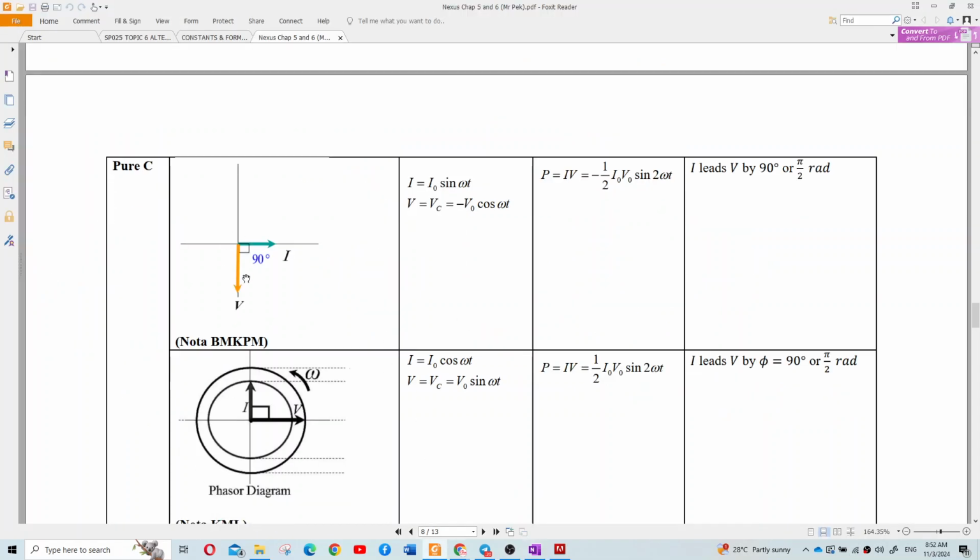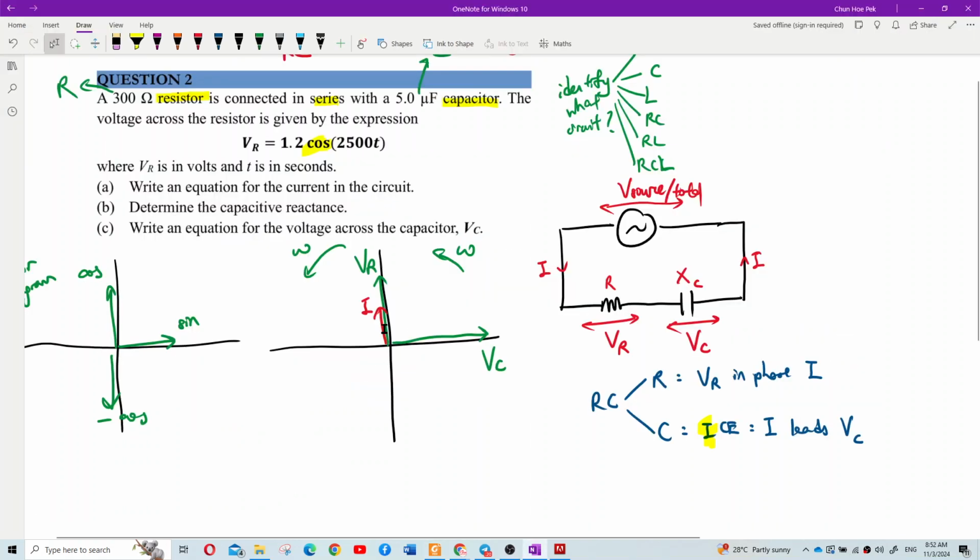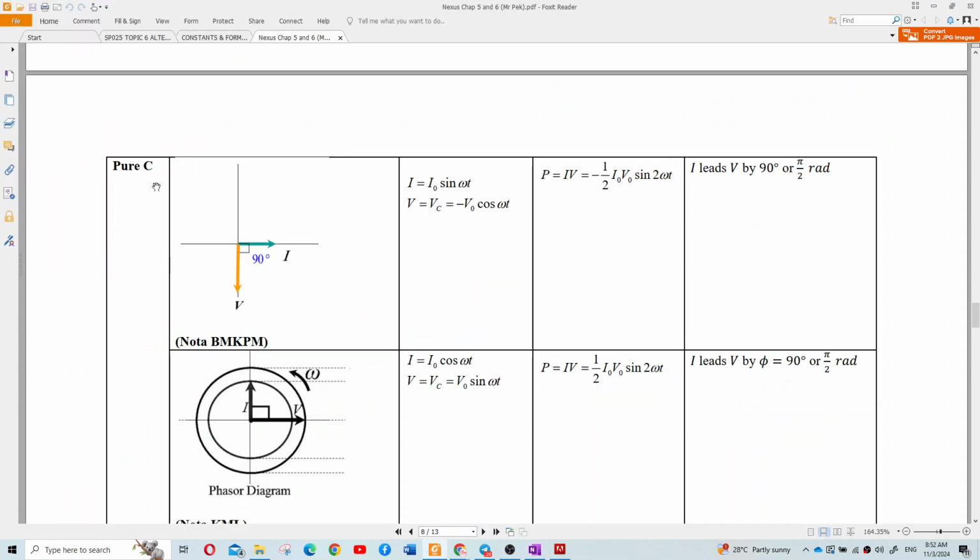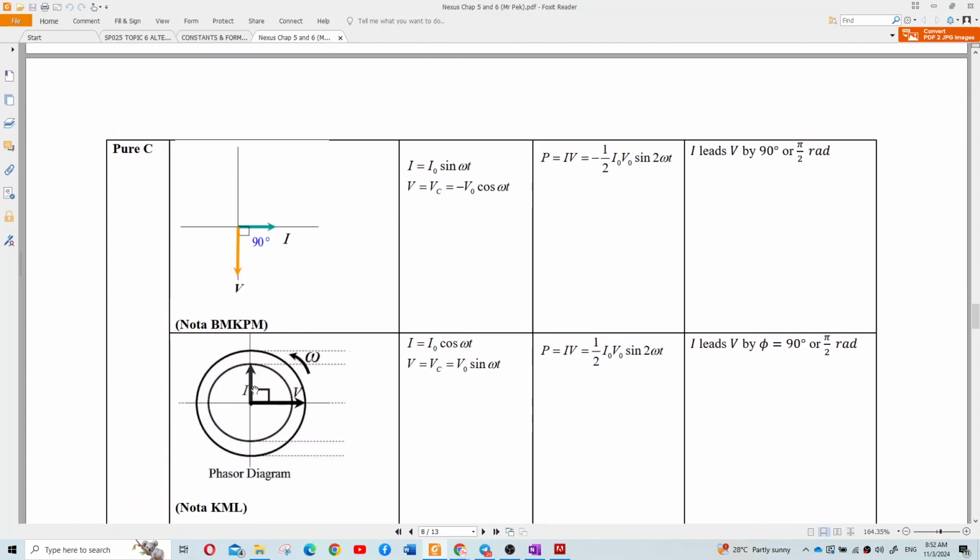You see that? Dia boleh juga current di atas kalau pure capacitor kan. Kalau current di sini, VC di sinilah. Dia masih current leading voltage by 90 degree. See that?